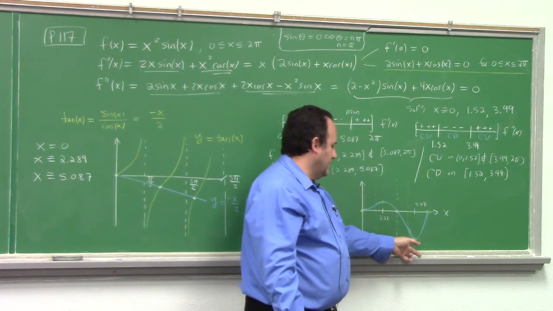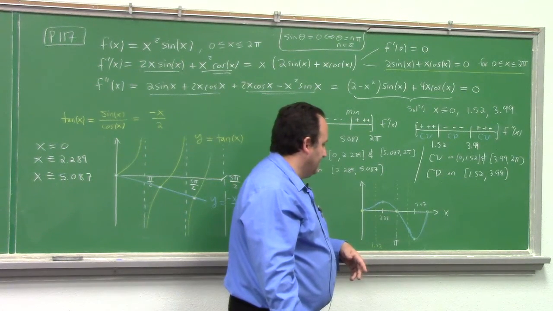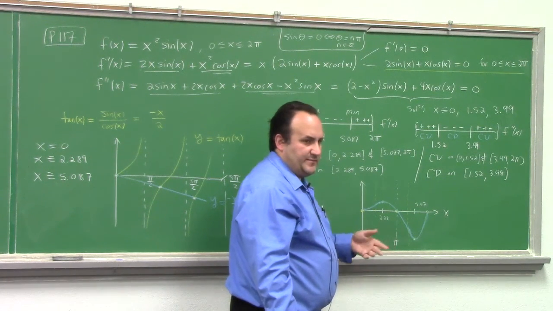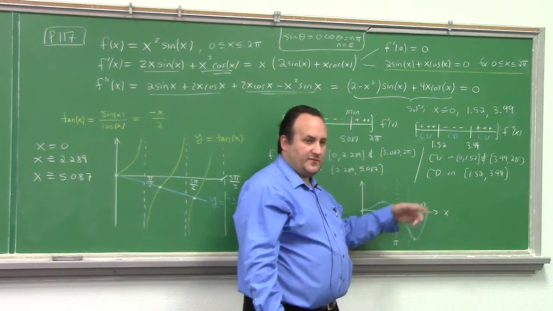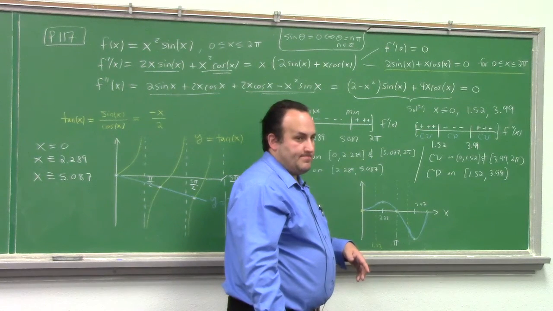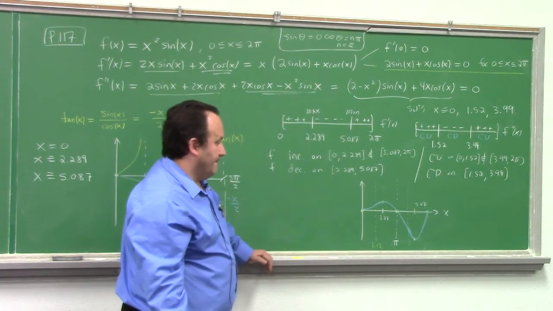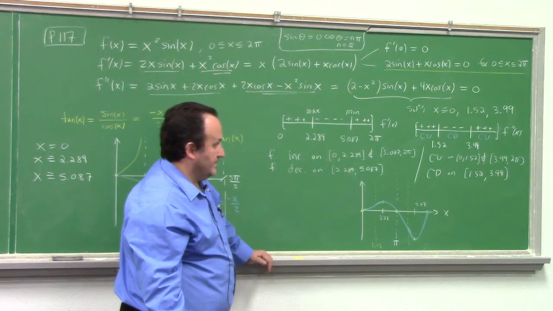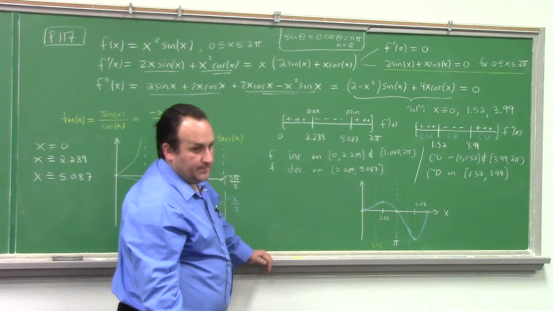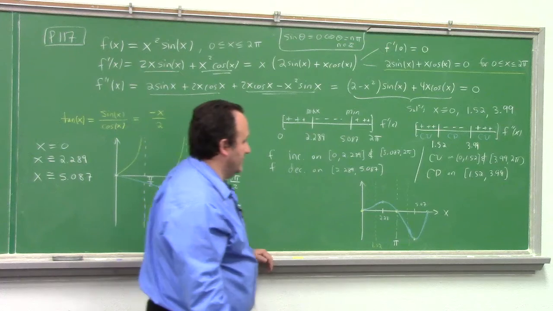And I don't know what 3 pi over 2 is numerically, but this is to the right of 3 pi over 2. That's 4.71.